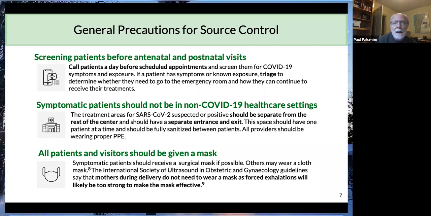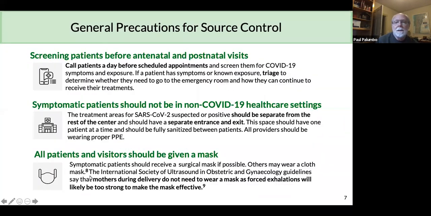Symptomatic patients should not be in non-COVID-19 healthcare settings. So we do triage and cohort COVID-19 infected individuals, whether they be in an outpatient clinical space or whether they be in hospital.